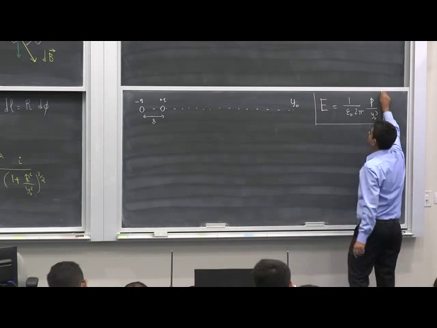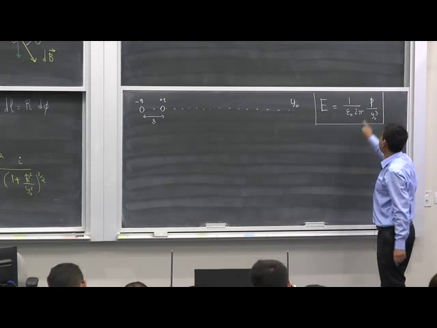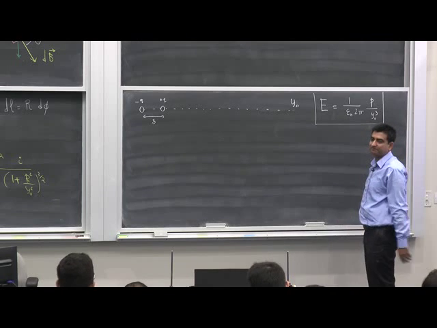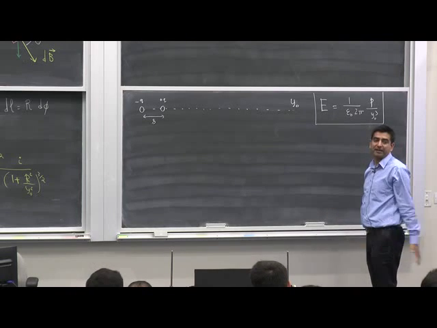So this is the electric field due to a dipole. P is simply Q times S.